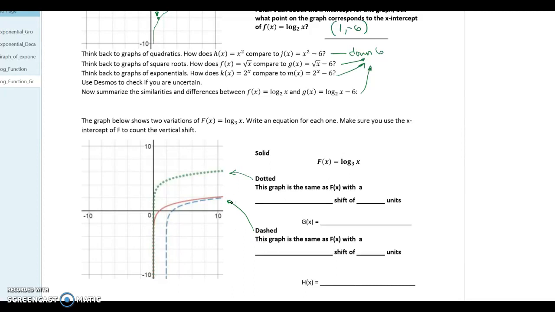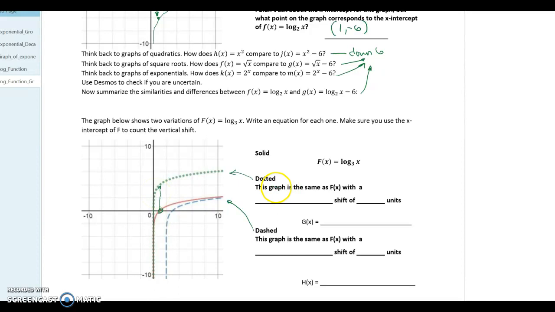All right. So what I've done here, if I look at the red one to the green one, looks like I just moved it up. I'm going to start here with that original x-intercept, and it looks like I moved it up 2, 4. Doesn't look like I moved it left or right at all.